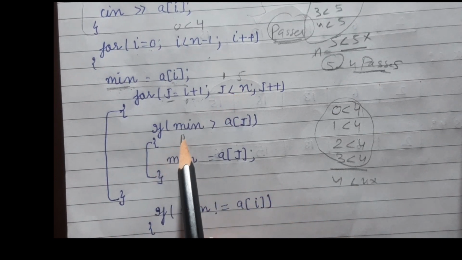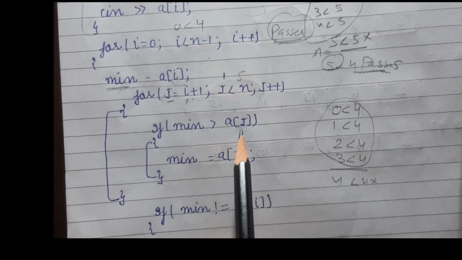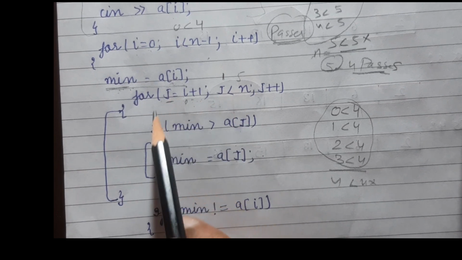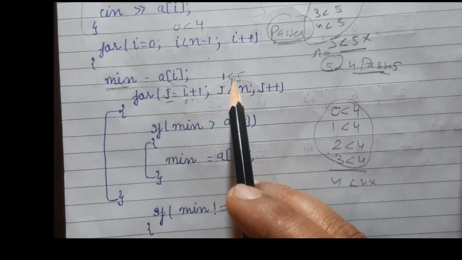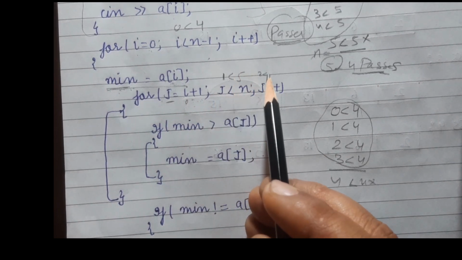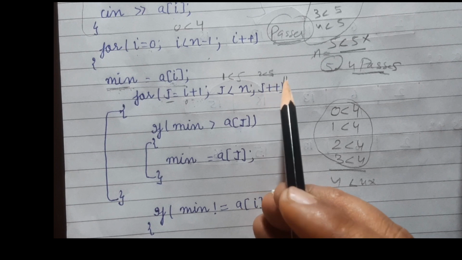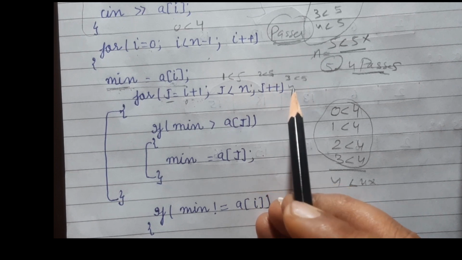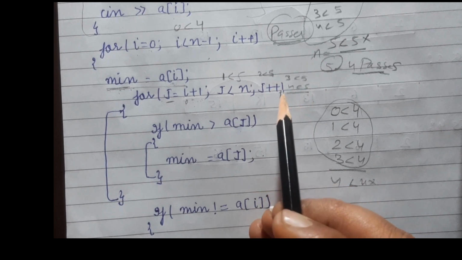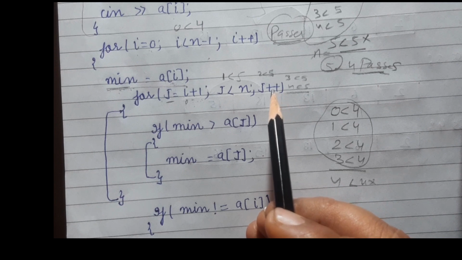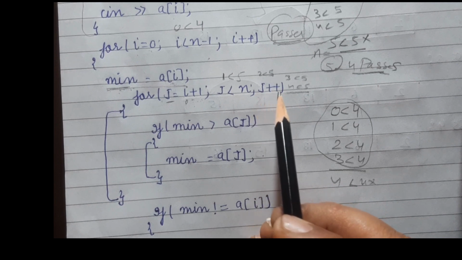So now if minimum is greater than a of 1. How many times is this loop executed? 1 less than 5, 2 less than 5, 3 less than 5, 4 less than 5, 5 less than 5 condition false, because the last element is at the 4th index.